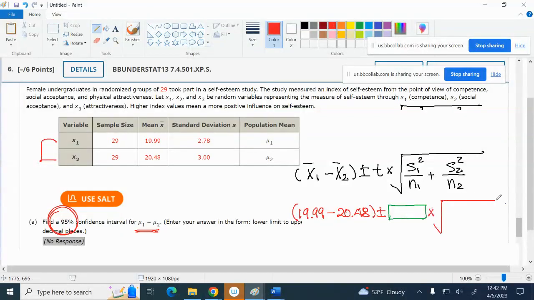Then square root of 2.78 square over 29 and 3.00 square over 29. Confidence level 95%. How many degrees of freedom? 28. Thank you.